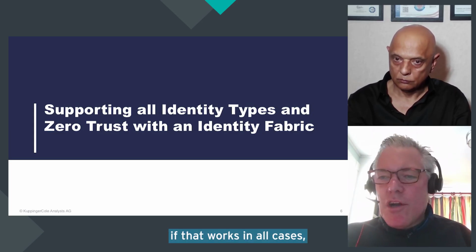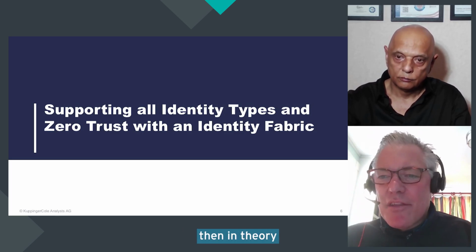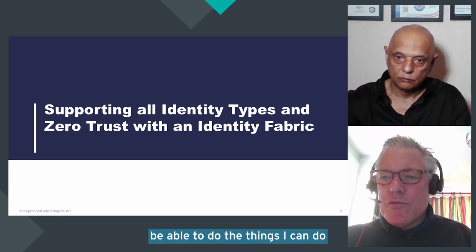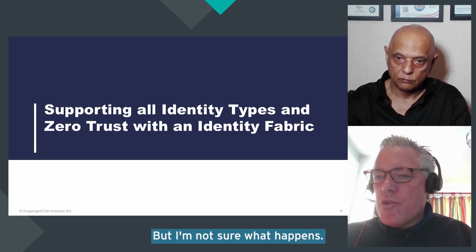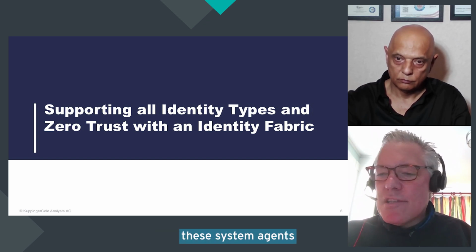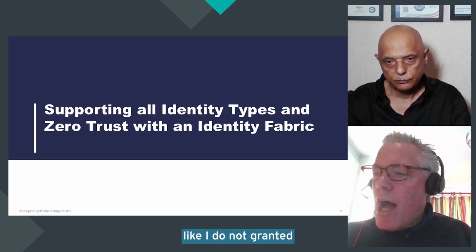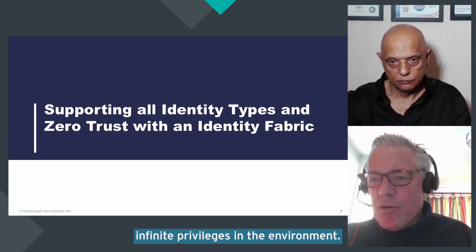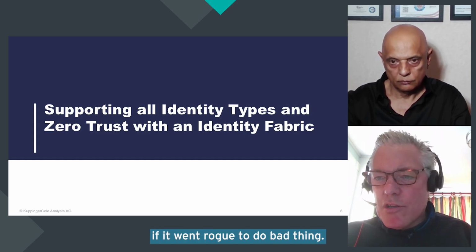I don't know if that works in all cases, but literally, if it's my agent, then in theory, it should be able to do the things I can do and no more. But I'm not sure what happens with these system agents that are working on behalf of the whole company. Like, how do you not grant it infinite privileges in the environment, and thus, obviously, if it went rogue, to do bad things.